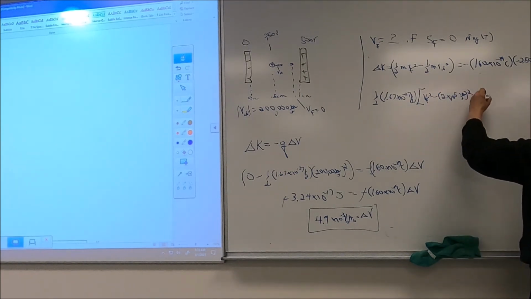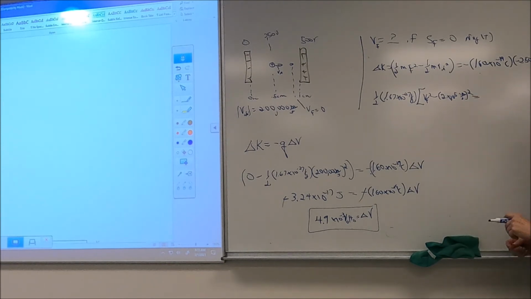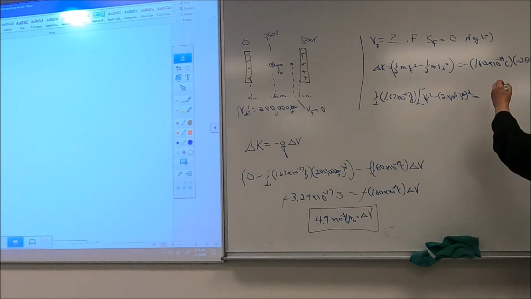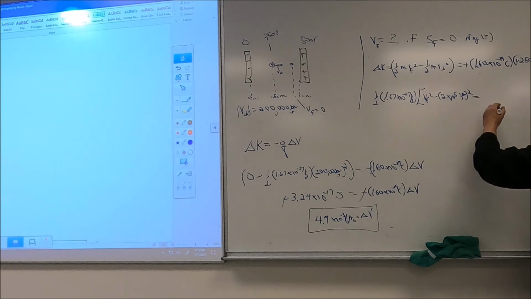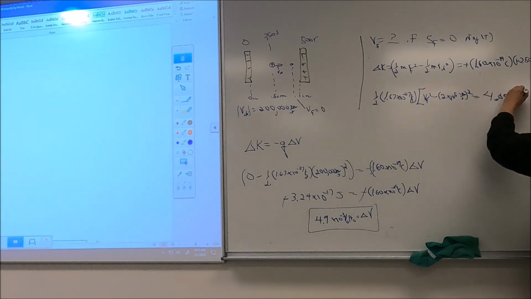Okay? That has to equal, notice that the negative and negative cancel out, so 1.60 times 10 to the negative 19 times 250. I get 4.00 times 10 to the minus 17 joules.